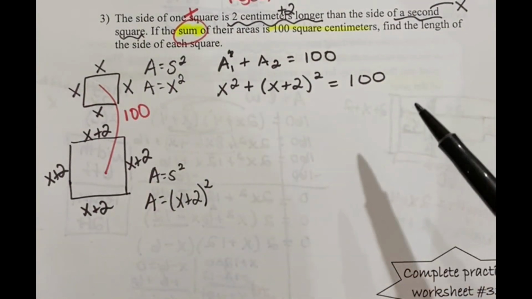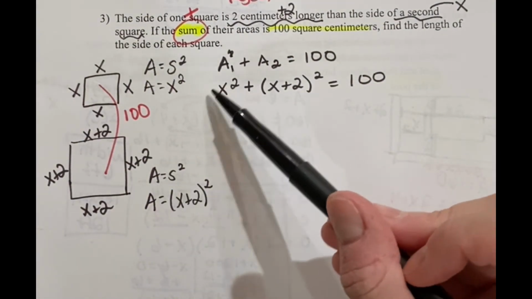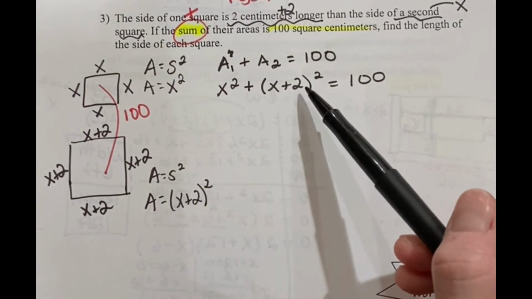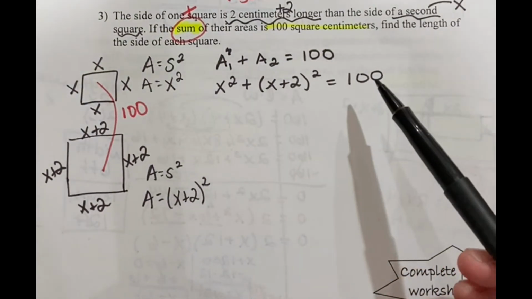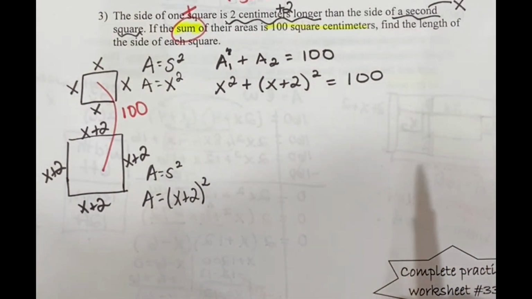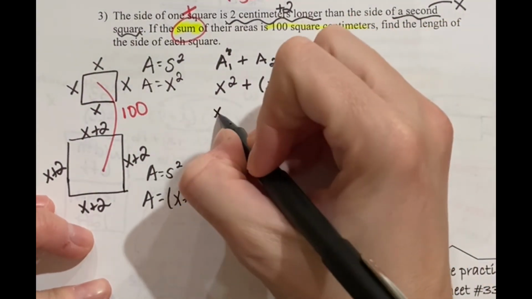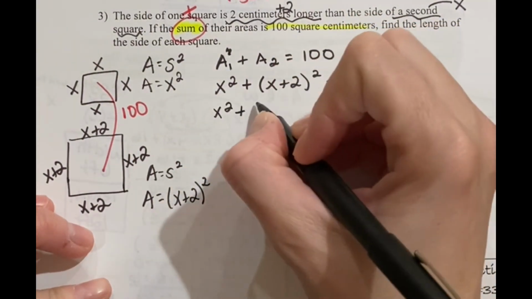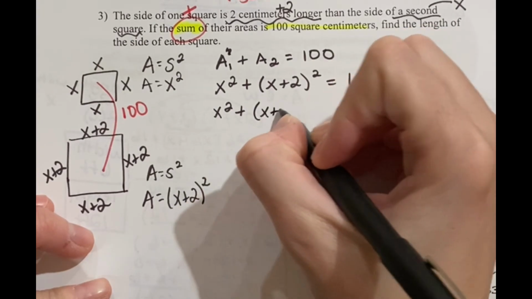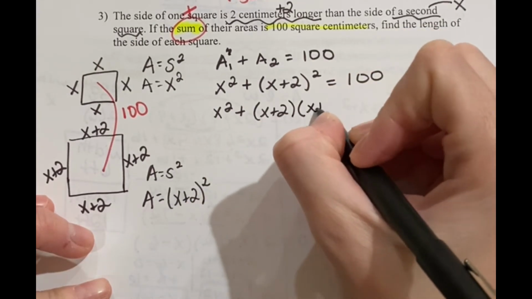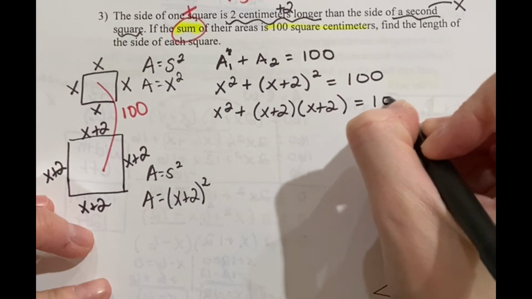So there then I have my equation. So x squared, which is the area of the first, plus x plus 2 squared, the area of the second, needs to equal 100. So now here's something really tricky that a lot of people forget, is x plus 2 squared actually tells you that you need to multiply x plus 2 by itself. So it becomes x plus 2 times x plus 2.